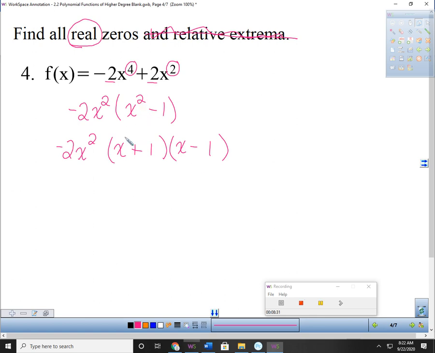And really all that did was, if you think about it, remember the outsides and the insides make up your middle term. Well, you don't have a middle term, which means they cancel, right? This would be negative x, and this would be positive x, which would cancel. That's why you don't have a middle. All right, so I have 3 terms. I'm going to set them all equal to 0.